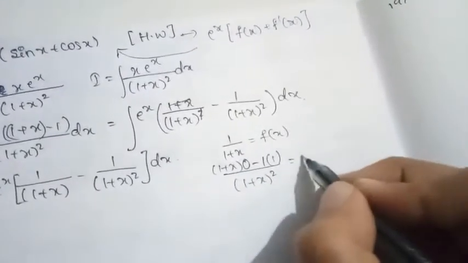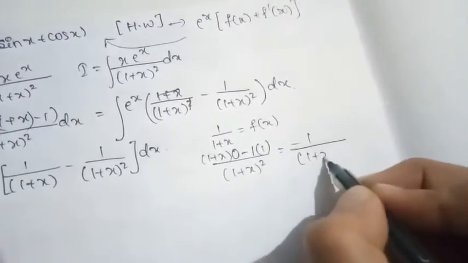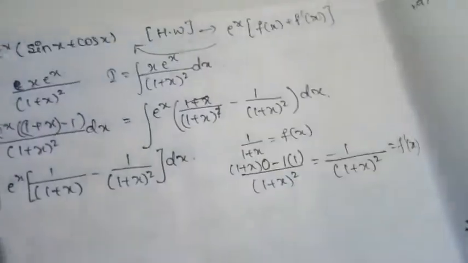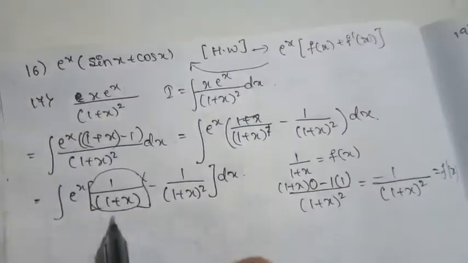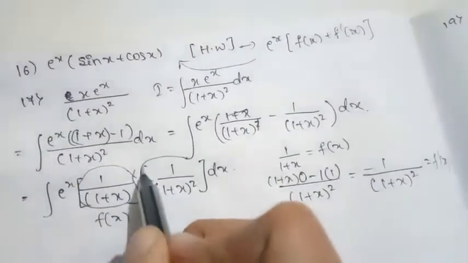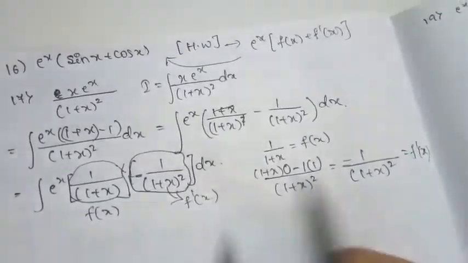So what is our integral of 1 divided by 1 plus x minus 1 divided by 1 plus x whole square? So this is our f dash of x. So you can see clearly that if this is our f of x, then this part has become our f dash of x.